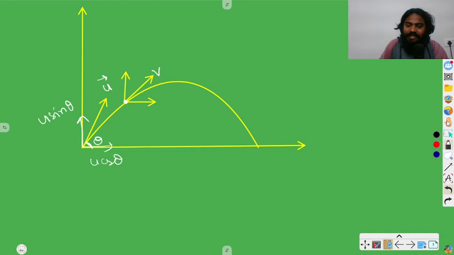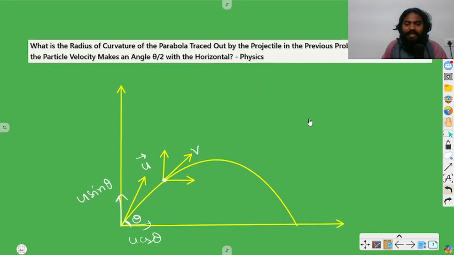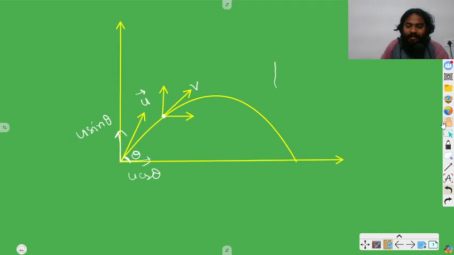In the question itself he said the point where the particle velocity makes an angle theta by 2 with the horizontal. So he mentioned the angle between the horizontal and the velocity. This angle is theta by 2. Then this is v cos theta by 2, and this is v sin theta by 2.